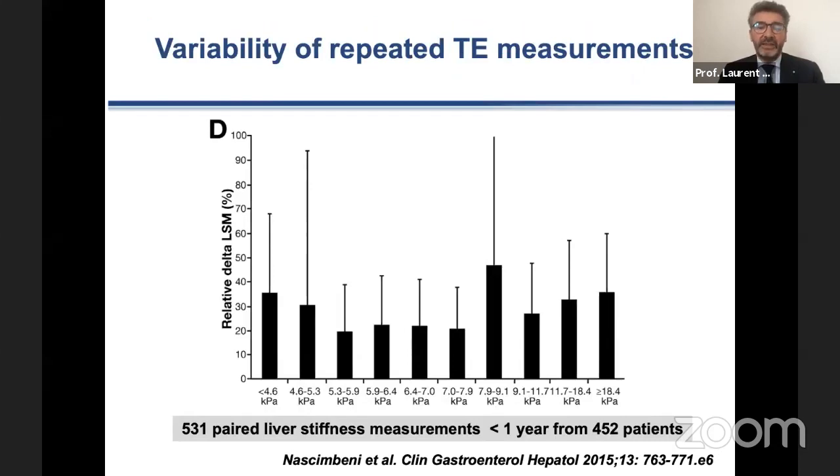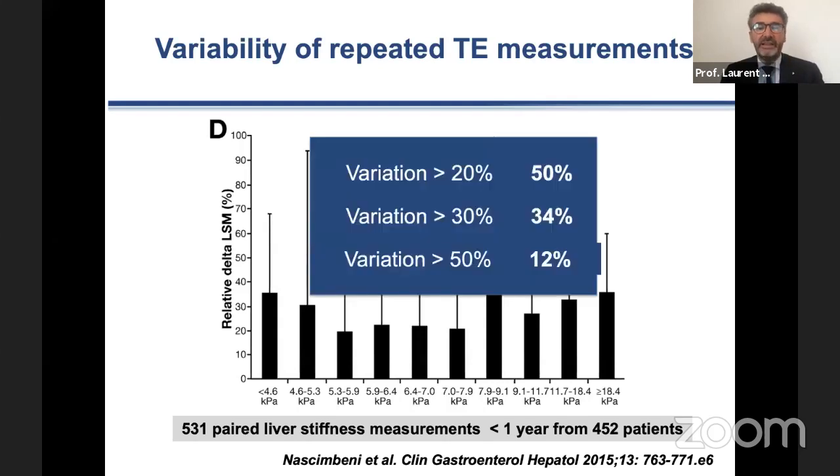You also have to take into account the variability of repeated transient elastography measurements. There are not many studies actually in the literature. This is a study from France, from the group of Thierry Poynard, with more than 500 paired liver stiffness measurements, less than 1 year apart, in 452 patients. Basically, you can see a variation of more than 20% in 50% of patients, and more than 30% in around one third of patients.